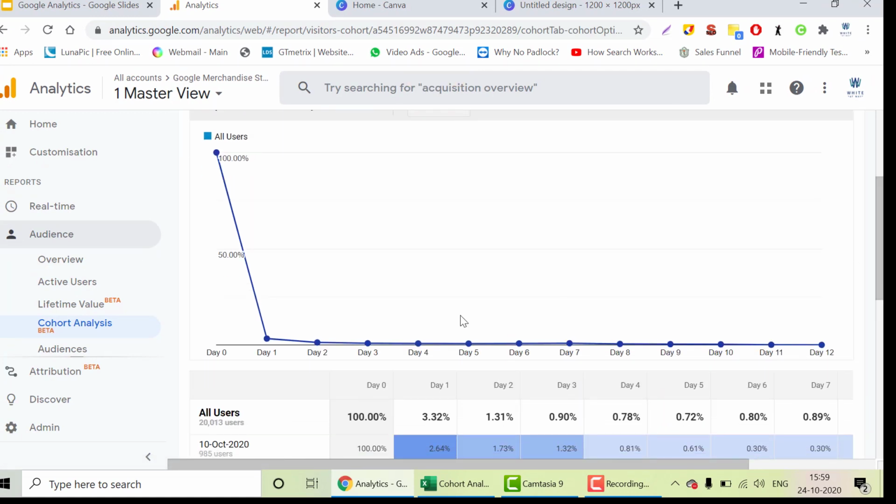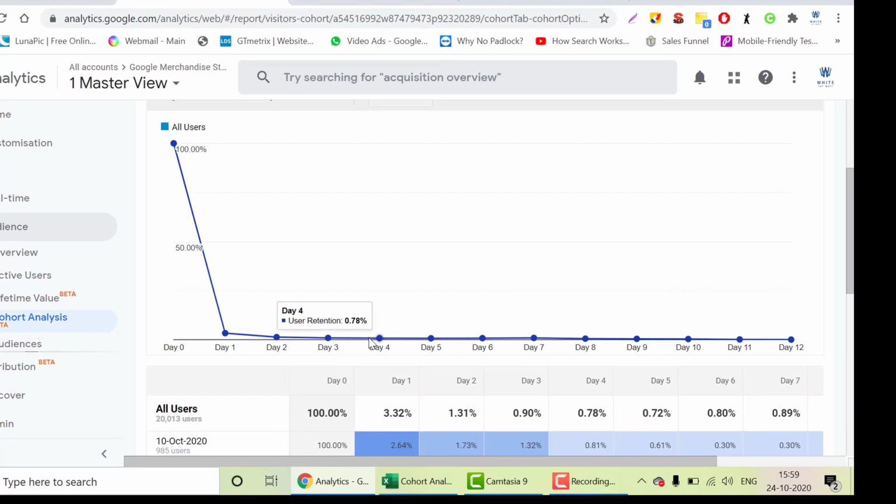So you can see most of the time this particular line is moving parallel to the x-axis but not touching it. It is not even touching it on the 12th day.